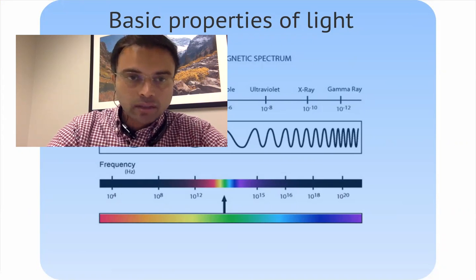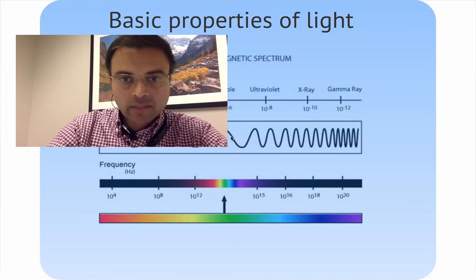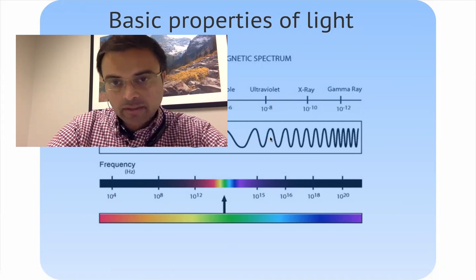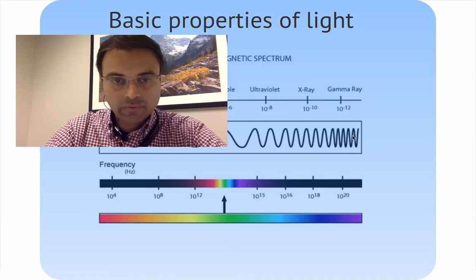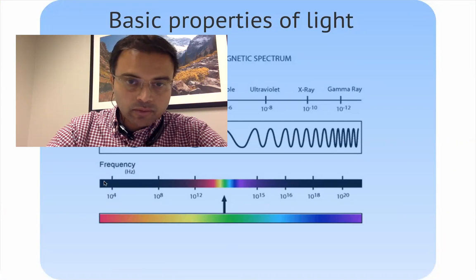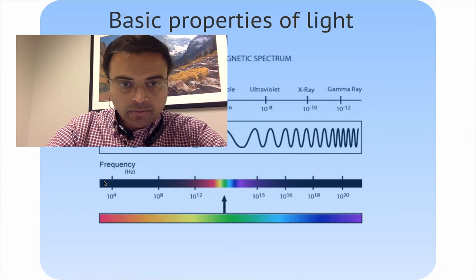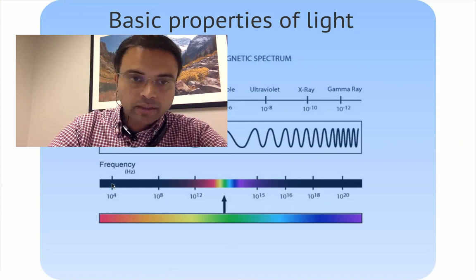So this shows roughly the wavelength of light, and as you can see, as you decrease the wavelength, the wavelengths get bunched together, and this is an important idea we will have to come back to. Now, wavelength is of course related to frequency, which is plotted here, where frequency is inversely proportional to wavelength. So as the wavelength decreases from left to right, the frequency increases from left to right.